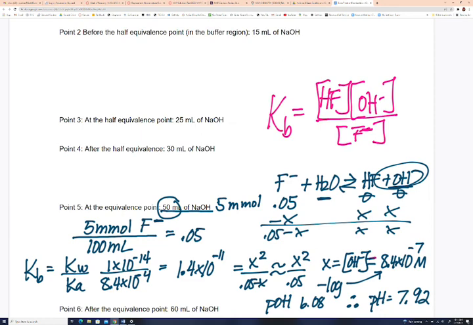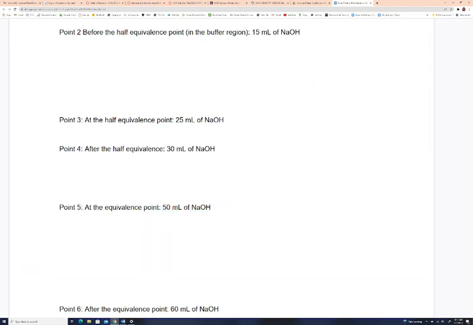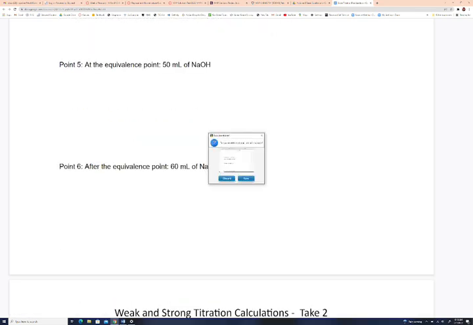Okay? And then our last point along this line is, let me erase all that and move it up. Our last point along this line is going to be after the equivalence point, at which point we have added 60 milliliters of NaOH, which means we have 6 millimoles of hydroxide at this point.